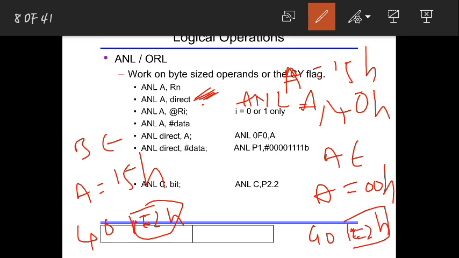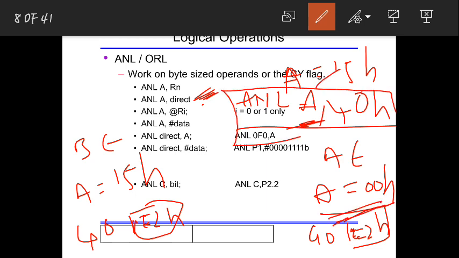This won't change, but the accumulator will store the result. I'm considering A to be 15 and 40 having E2H, and there will be an AND operation between 15 and E2H. After doing that, you will get 00 as the answer. So this 40 stays the same, but the accumulator stores the result. Same goes with R0 or R1, indirect addressing mode. These all are the same.